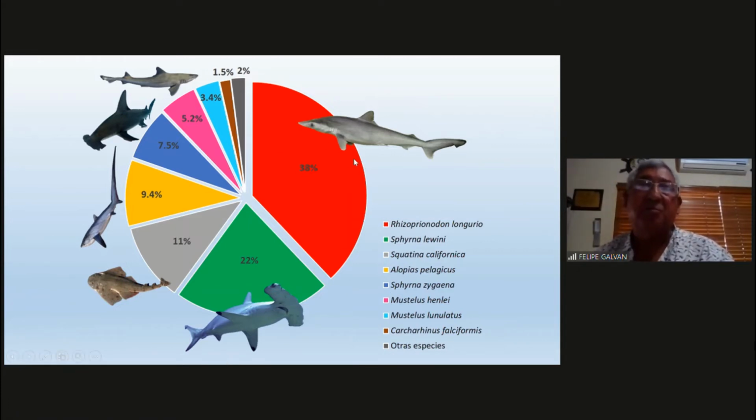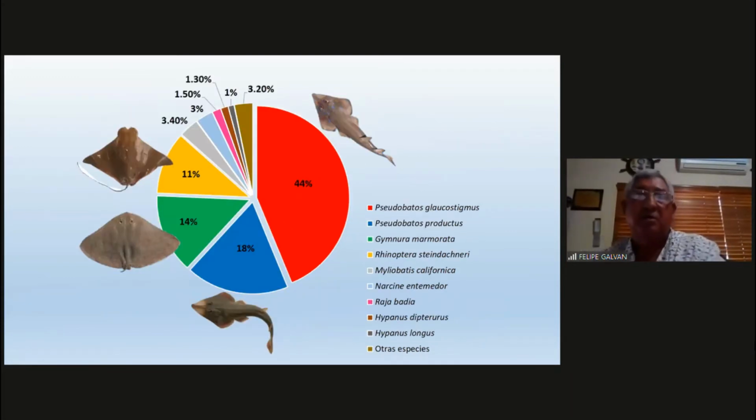But these are the most important in fisheries, mostly in artisanal fisheries. For rays, the catches are more for the guitarfish. Two species of guitarfish are Pseudobatos glaucostigmus and Pseudobatos productus, or banded guitarfish.